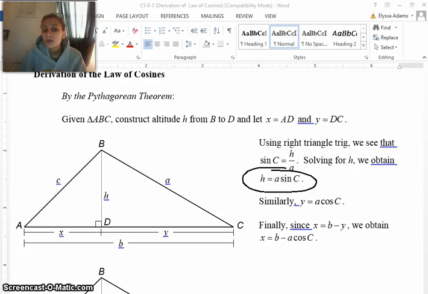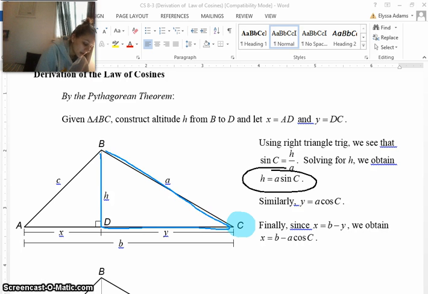We can do something very similar to find out what y is, because y is right here. And notice if I do the cosine of c, I'm still in this triangle right here. And cosine is going to be adjacent over hypotenuse.